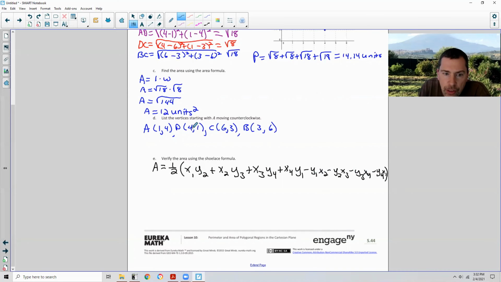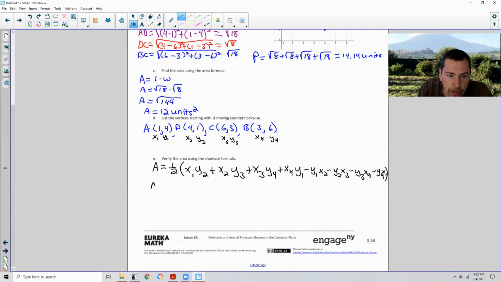So now we're going to substitute in these values. So this is x1, y1, x2, y2, x3, y3, x4, y4.